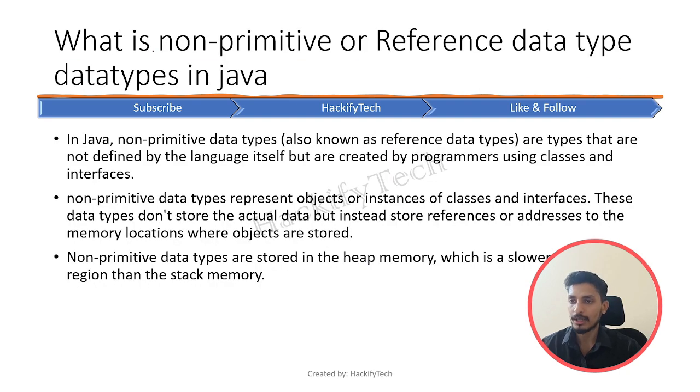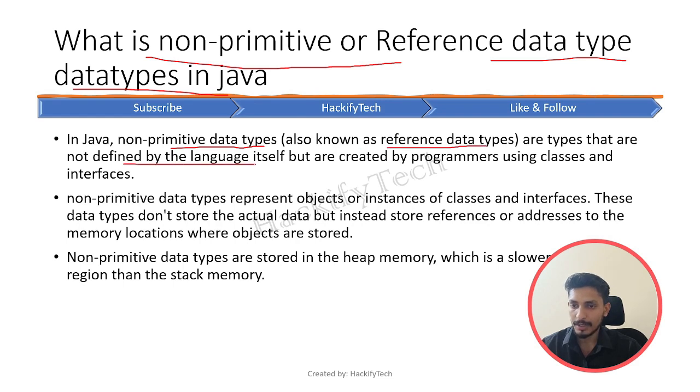So then we have what is non-primitive or a reference data type in Java. A non-primitive data type is also known as a reference data type. They are not defined by the language itself, but they are created by the programmer with the help of classes and interfaces. So basically the programmer will be defining these non-primitive data types to store the values.